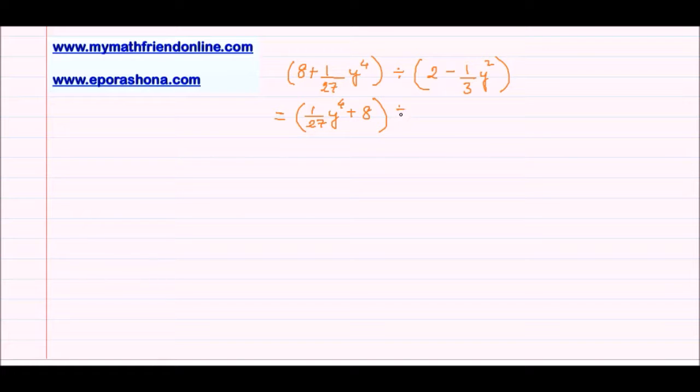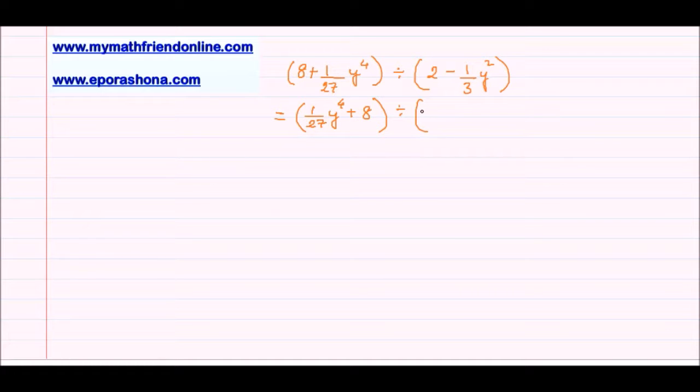And now coming to the divisor part, we see that the divisor is also arranged in ascending order of y, because 2 is 2 into y to the power of 0, and this is y squared. So the power of y is increasing, so it is arranged in ascending order. We have to arrange these 2 terms in descending order of y.